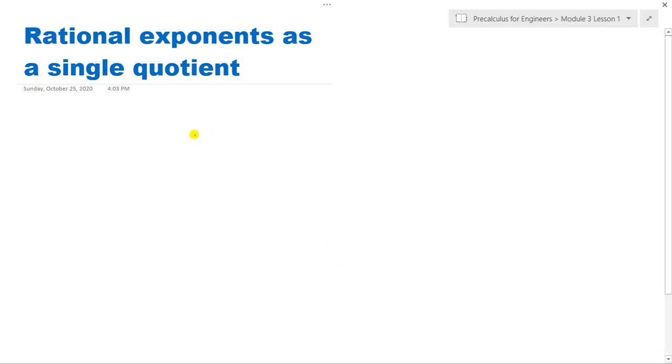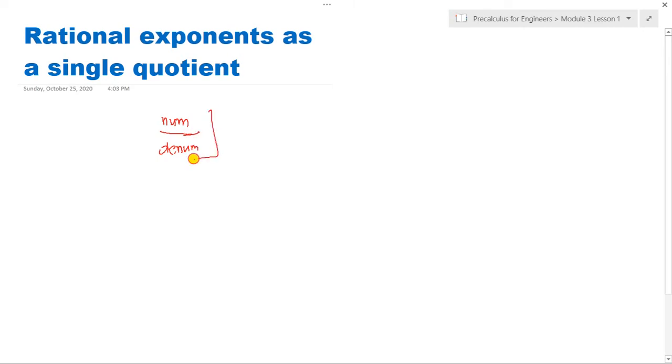Now in rational exponents, on the side of expressions, we also have this form. Let's say we have rational exponents as a single quotient. Because when we add algebraic expressions that have rational exponents, we just want it to simplify as a single quotient, wherein we have the expression on the numerator, and a single expression on the denominator.